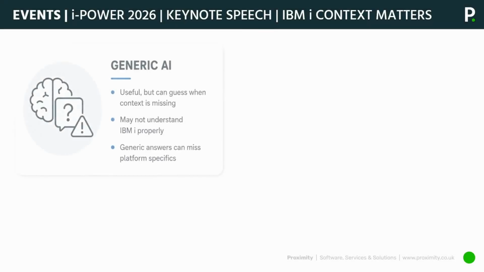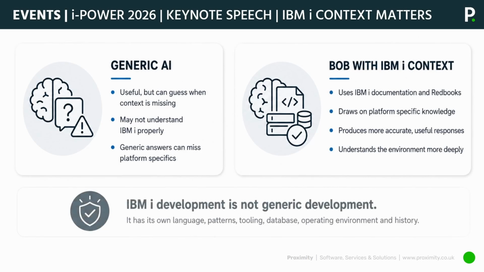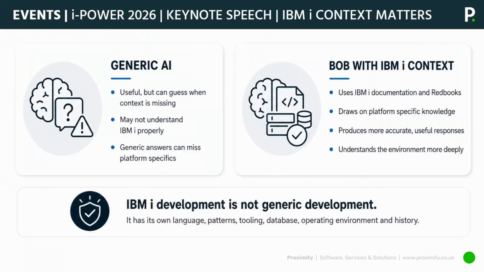Another important theme was context. Generic AI tools can be useful, but they can also guess when they do not understand the platform properly. The message from the keynote was that Bob is being shaped to understand IBM i more deeply, using IBM i documentation, Redbooks, and platform-specific knowledge to provide more accurate and useful responses.